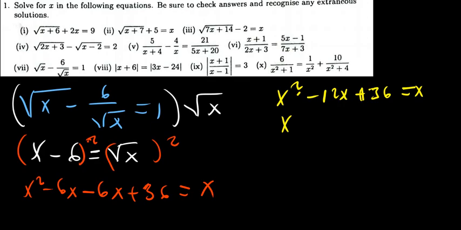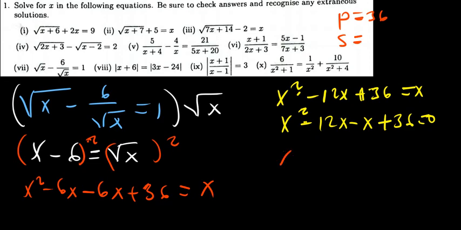We'll have x squared minus 12x minus x plus 36 is equal to 0. That is a quadratic equation. The product is 36. The sum, now I've not finished. So it will be negative 13x plus 36 is equal to 0.